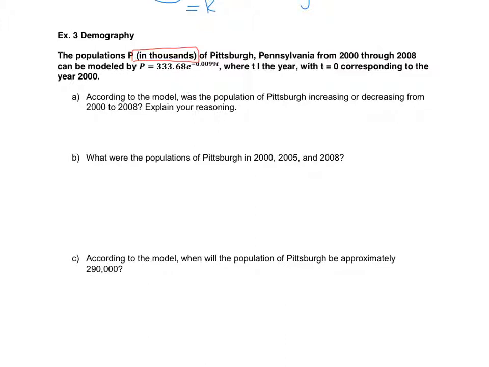Because of the negative in the exponent right there, I would always guess that it's decreasing. So the population is decreasing because of the negative exponent.